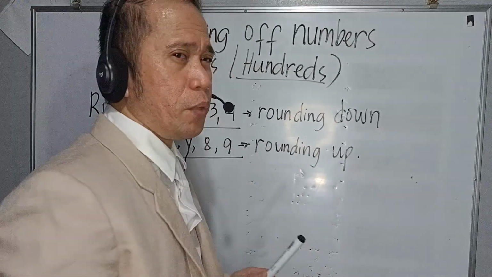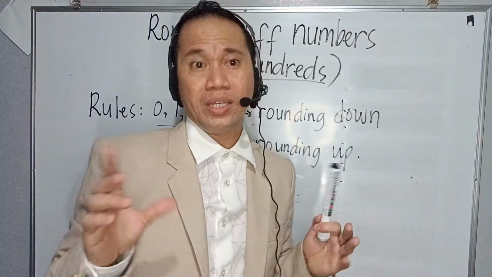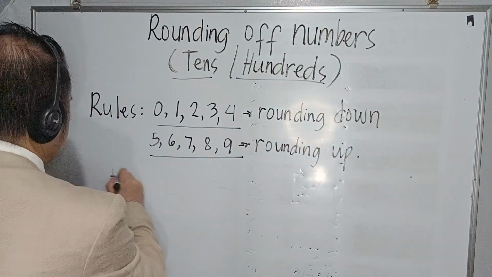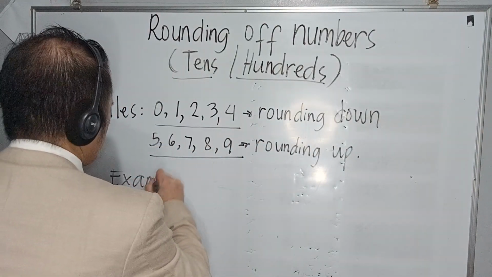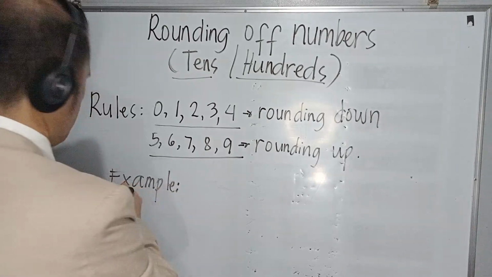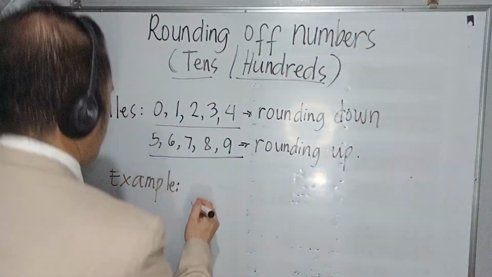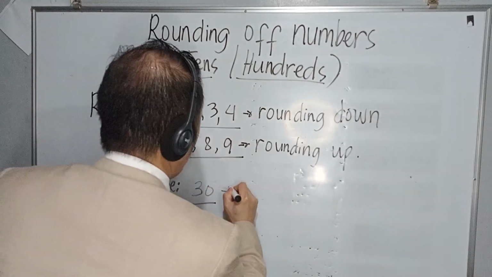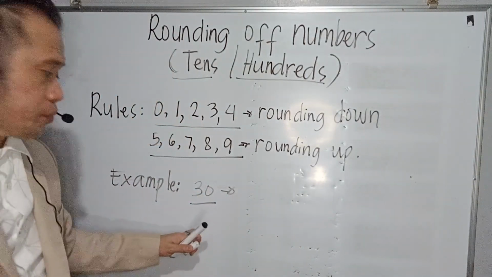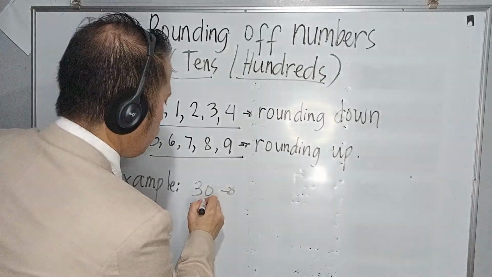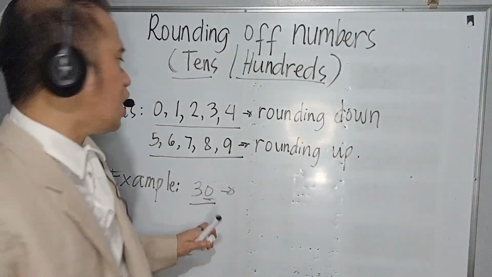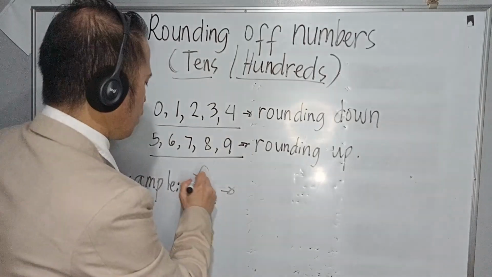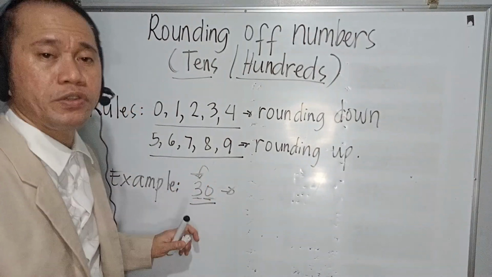I will give you an example so that you will know. First example for rounding down, we have 30. Since the ones digit is 0, we can't round it to 40. Can we add another 1 to make 3 become 4?